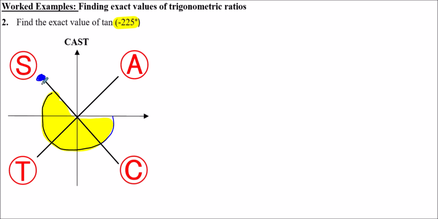And again, we need to think about the acute angle made in between the x-axis and these lines of the X. So minus 225 is essentially an angle size 180 plus an extra 45. And so this angle here must be 45. Therefore, all of these acute angles made with the x-axis are all going to be 45 degrees.